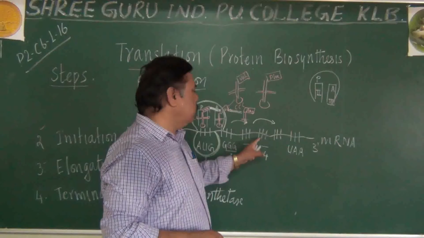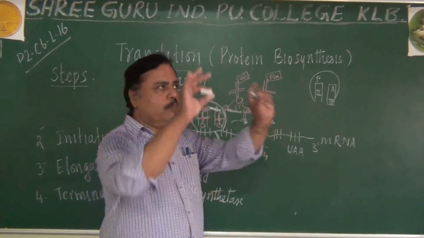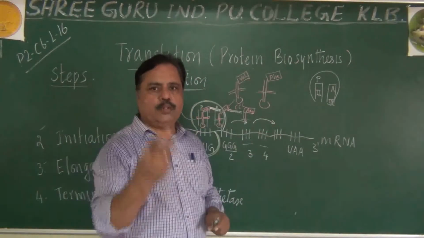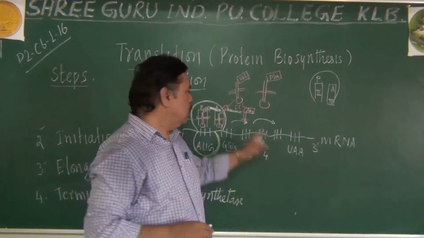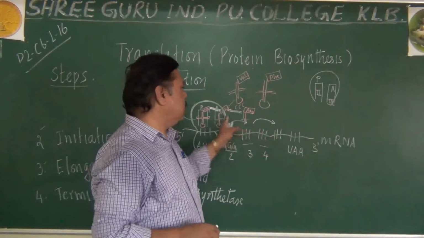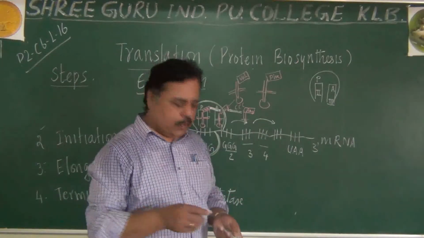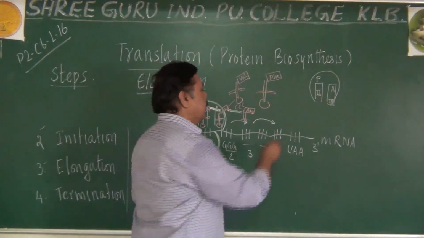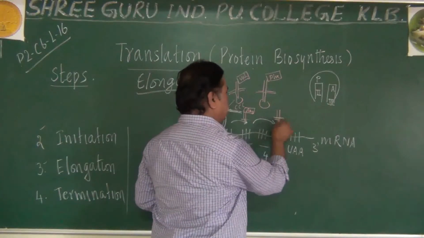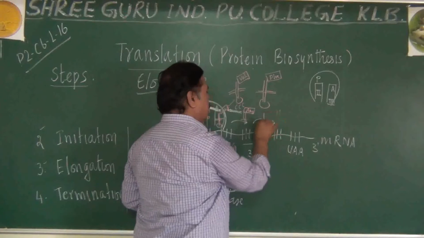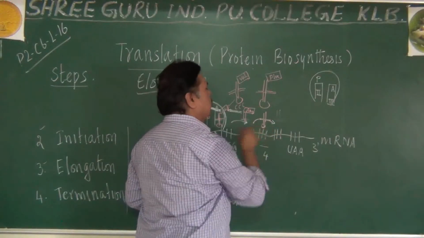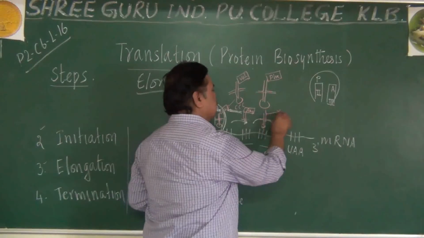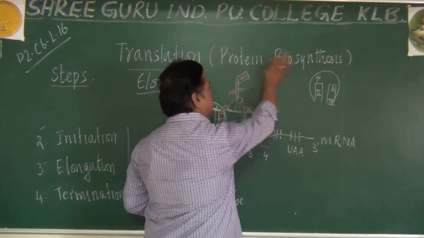Codon number 4 will occupy the A site. Now the amino acids at codon number 3 are joined by 2 peptide bonds. At codon number 4, the A site is vacant. Who will enter now? The fourth tRNA will come and join. It is carrying which amino acid?